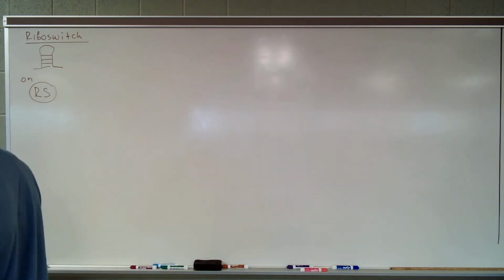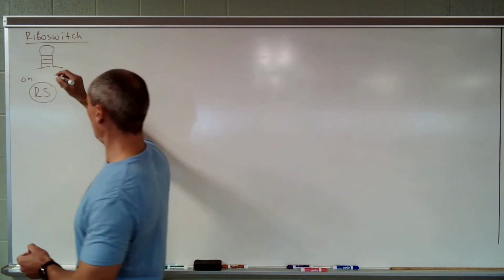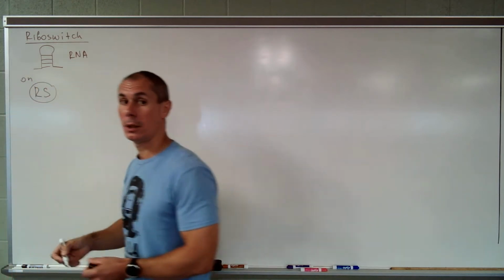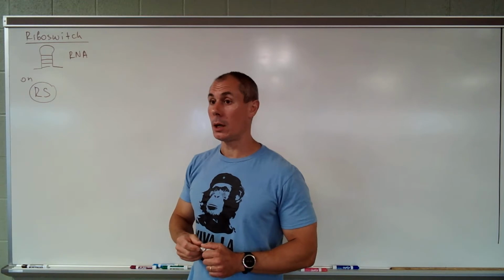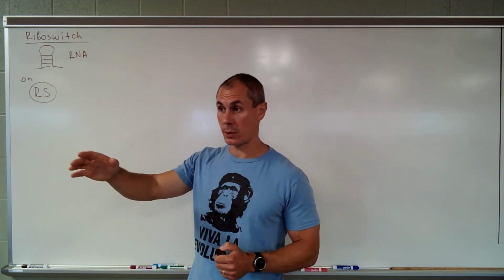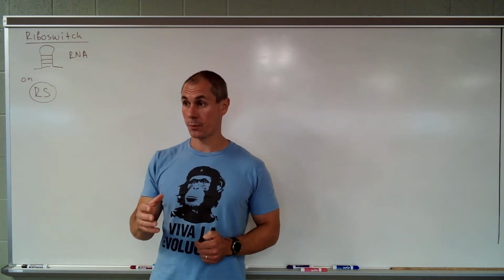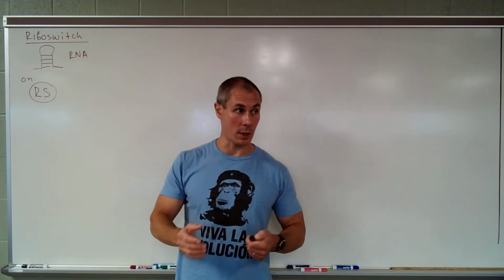There can be two outcomes. Ribo refers to RNA. That's important. Riboswitches are RNA elements. So if a riboswitch in the RNA molecule is on, RNA participates in two gene expression steps. RNA is the product of transcription, and it serves as the template for protein synthesis and translation.